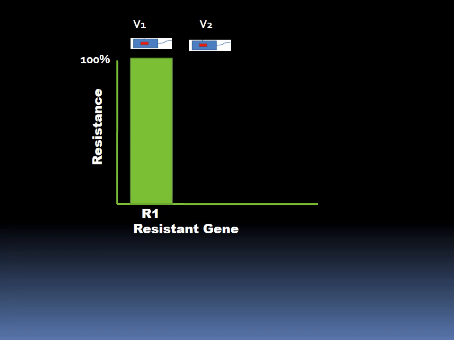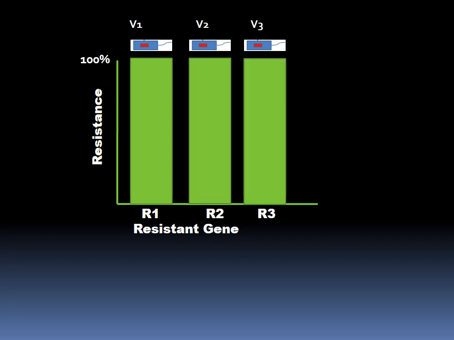But for the V2 gene, there is no resistant gene present in the plant, and as a result, this V2 gene carrying bacteria goes undetected, and once it goes undetected, the same story is repeated, and the plant becomes diseased. So unless and until we find another gene, the plant remains susceptible against this pathogen.